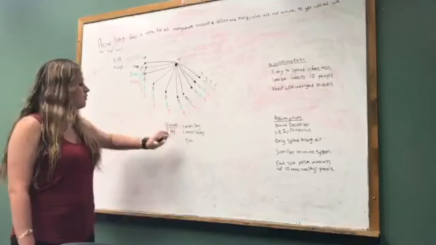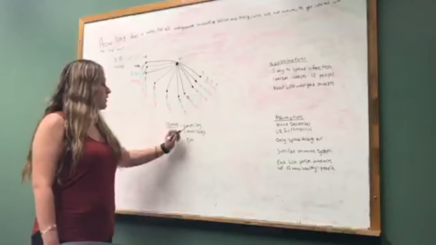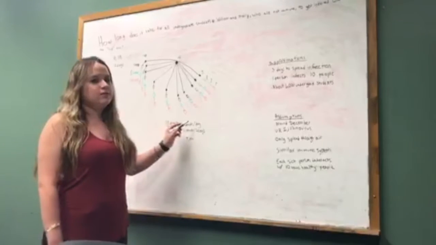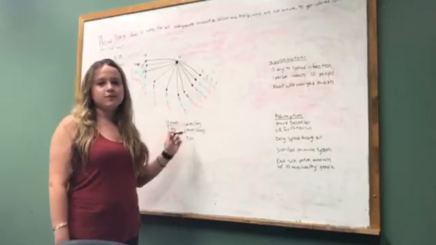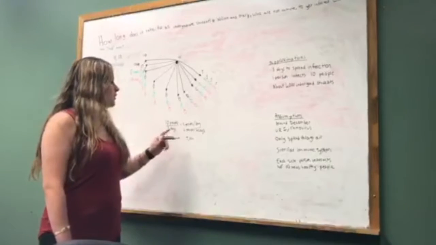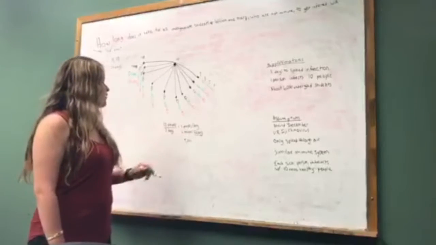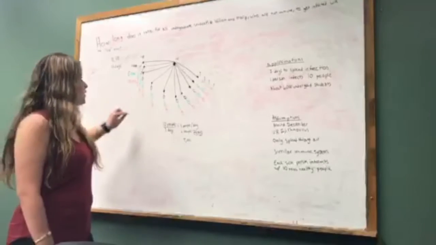And 5 falls between 3 and 6, which means that it is more than 1 day to infect 5,000 new people, but it's a bit less than 2 days to infect 5,000 people. So I am estimating about 2 days to infect 5,000 new people within this population.